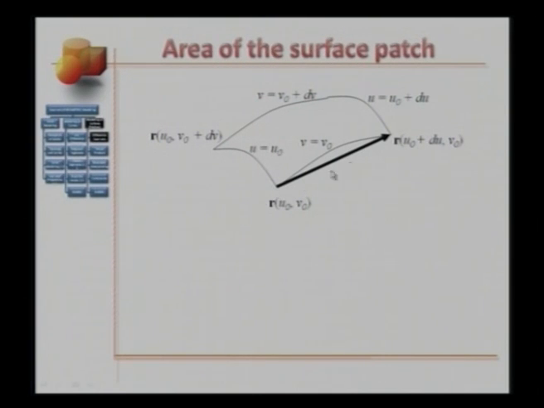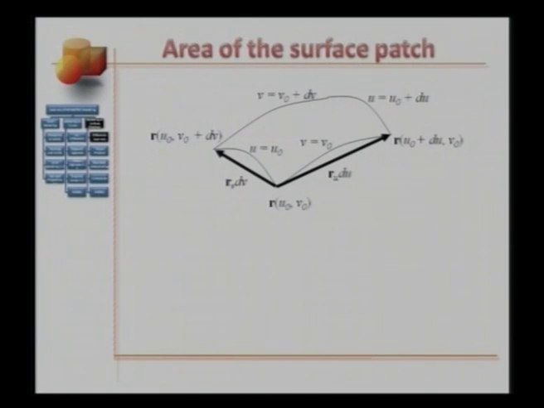This vector here is given by r sub u times du. R sub u is partial r over partial u. This vector here is given by r sub v times dv.